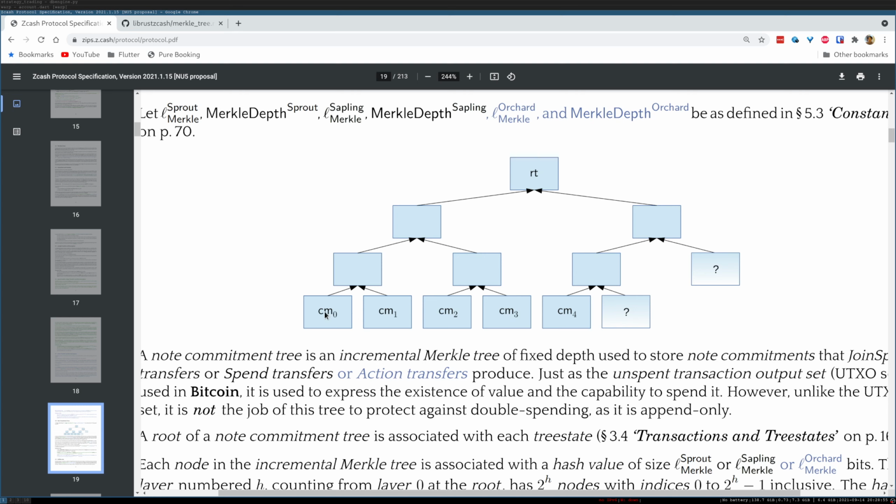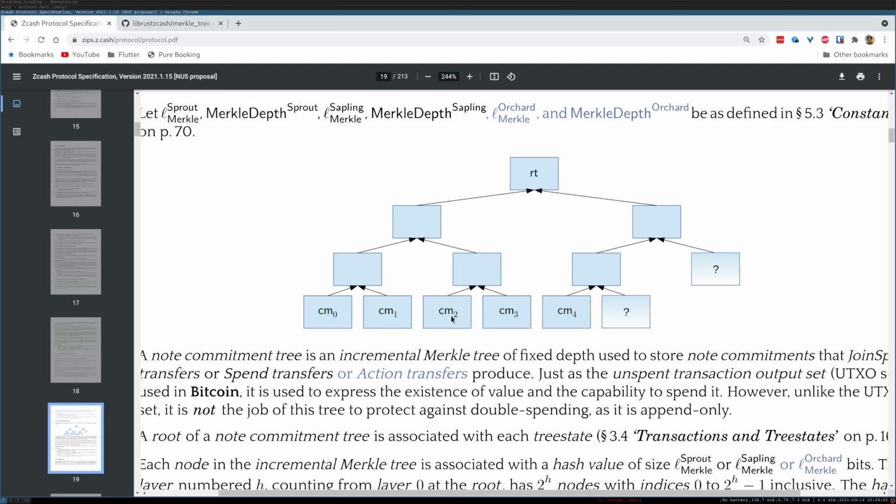And now CM0 and CM1 that you previously had in left and right, you can combine them together. So you can do the hash of these 2 nodes to get the value of this parent. And now your parent vector has 1 element, which is this guy.